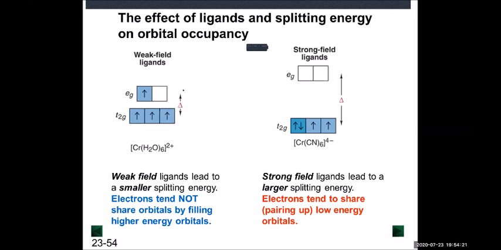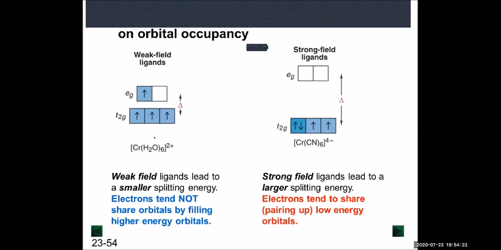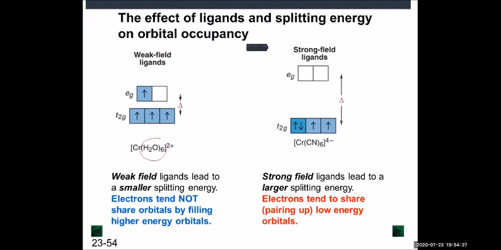The water as a ligand causes a small separation between the d orbitals. It's a small gap. Delta is a small splitting energy. Small splitting energy allows electrons to take the higher energy levels.